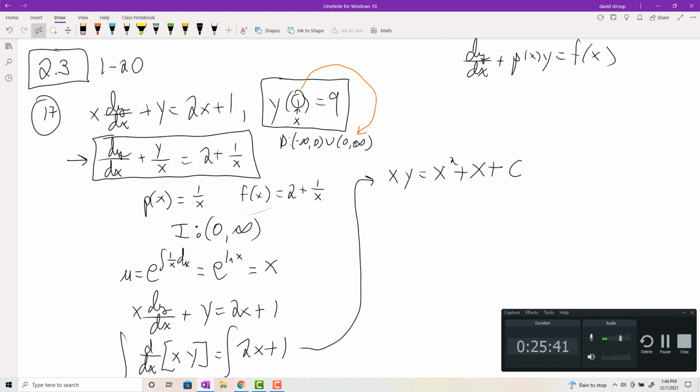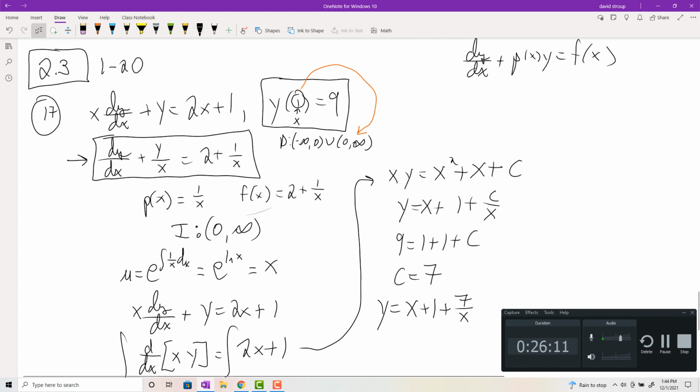So you're going to get y equals x plus 1 plus c over x. Then you use your initial condition to find c. So y of 1 is 9. So 9 equals 1 plus c over 1, which is c. So c is going to equal 7. And then you could build your solution. y equals x plus 1 plus 7 over x on the interval from 0 to infinity.